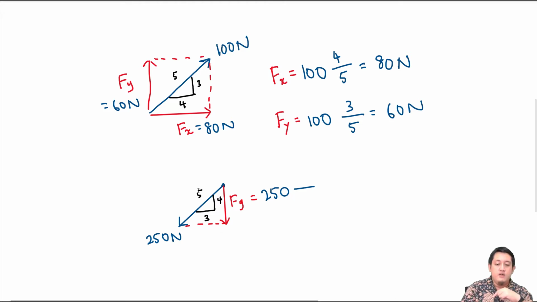So below here is 5, and then the upper part will be the same direction as Fy, the part that we want to find, which is number 4. So multiply with 4. Then what do you get? 250 multiplied with 4 divided by 5. What do you get? 200 Newton. Easy, yeah?